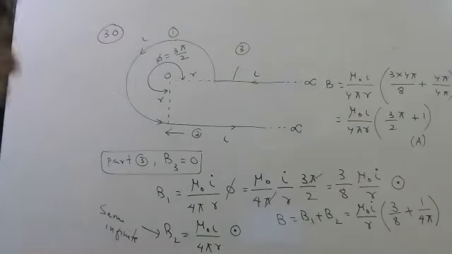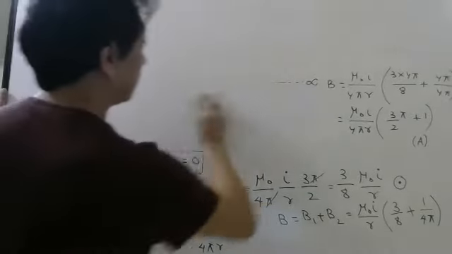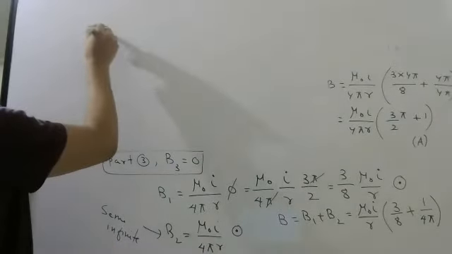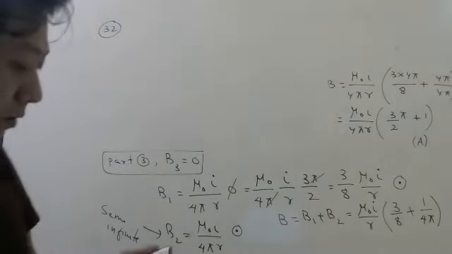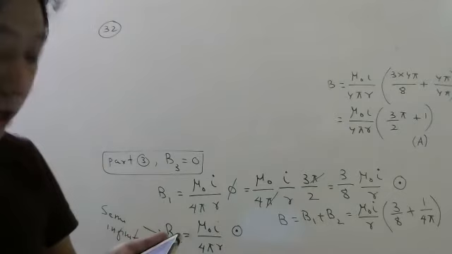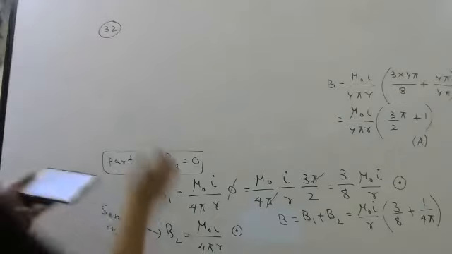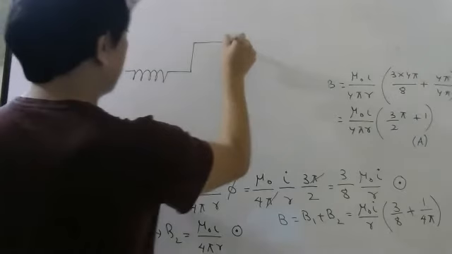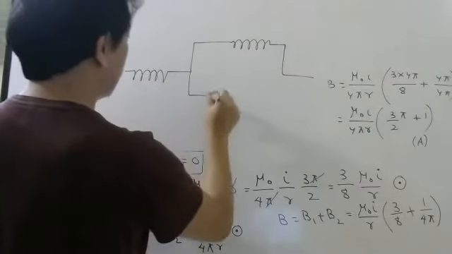Question number 32 we will do now. Okay, look here. 3 identical long solenoids P, Q and R are connected to each other as shown in the figure. So there is one solenoid here, then one solenoid here, and then one solenoid here.